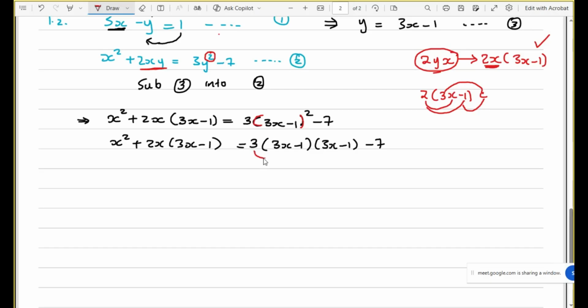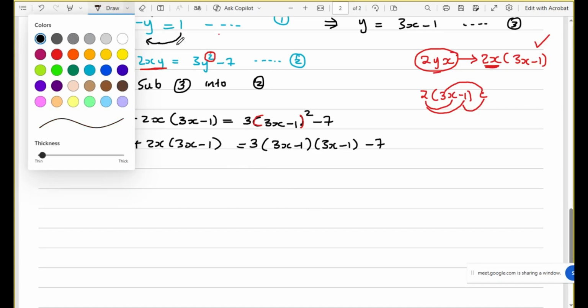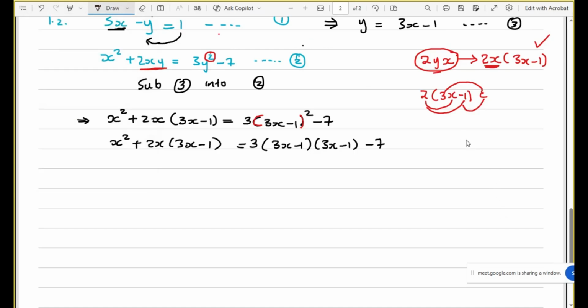You start multiplying the bracket by that 3x, but you don't do that. First expand the bracket, multiply out the bracket, then when you are done with the brackets, that's when you're going to multiply everything by 3. So look at what I'm going to do. I need to find 3x minus 1 into 3x minus 1 first.